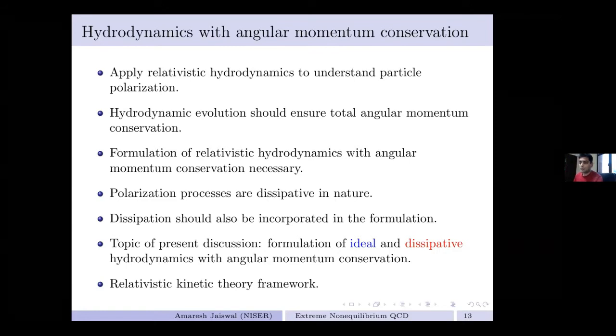Also, to have polarization, the process is dissipative in nature, so ideal would not work. So ideal spin or angular momentum conservation in ideal hydro would not be enough. One also needs dissipation to be included in the formulation. So that's what we will do. We will discuss the formulation of ideal and dissipative hydrodynamics with angular momentum conservation, and the framework that we would use is kinetic theory, relativistic kinetic theory.